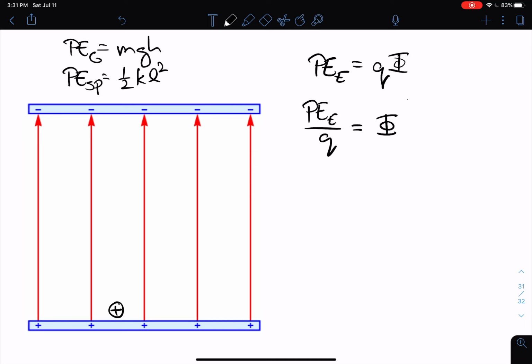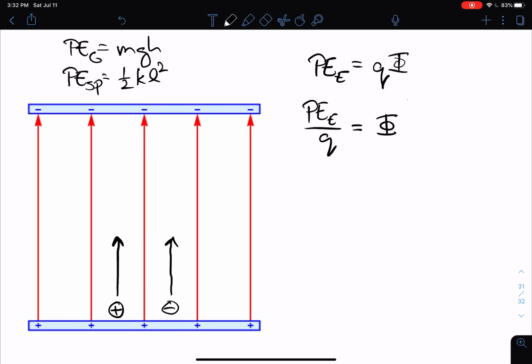As the positive charge moves in the direction of the electric field, so if it moves up, its potential energy will decrease. But let's say I had a negative charge, and somehow it was moving in this direction, maybe because I'm literally pulling it up.